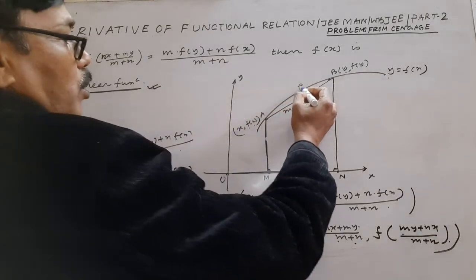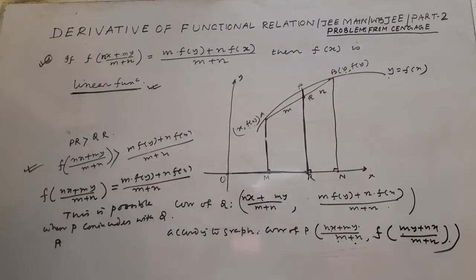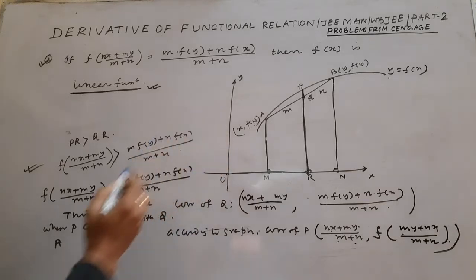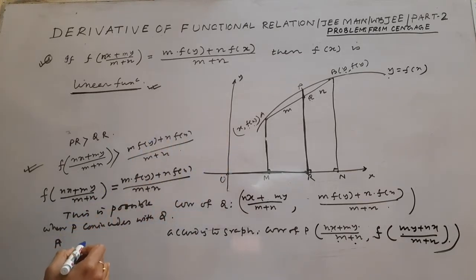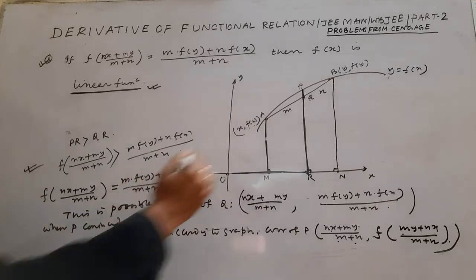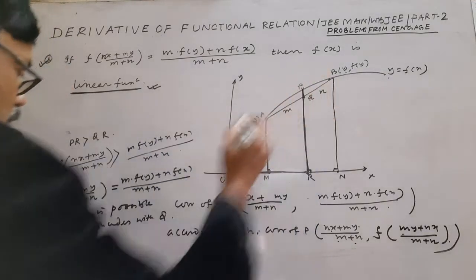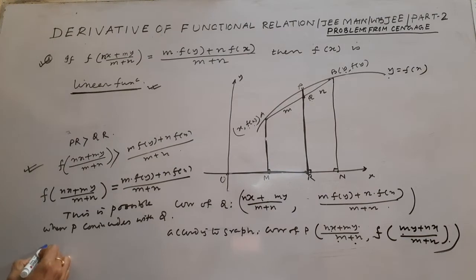P coincides with Q. So A, P, B are collinear.